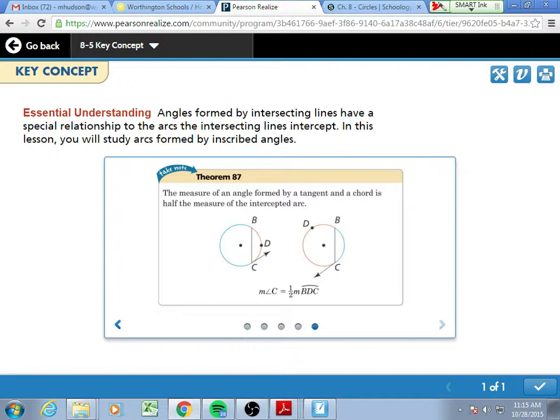The measure of an angle formed by a tangent and a chord is half the measure of the intercepted arc. So read that again for yourself.